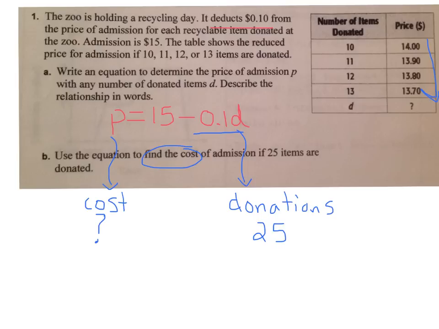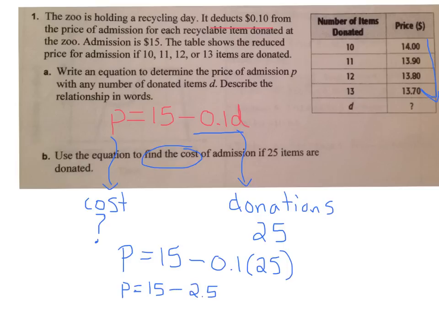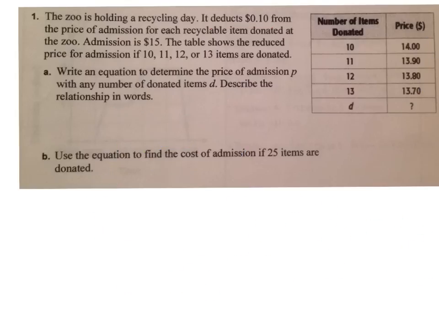So we need to plug 25 in for D to find P. So the price, $15 minus 0.1 times 25. Order of operations, we need to multiply first. So P equals 15 minus 2.5, and then 15 minus 2.5, the price is $12.50. So if you bring in 25 recyclable items, you only have to pay $12.50.